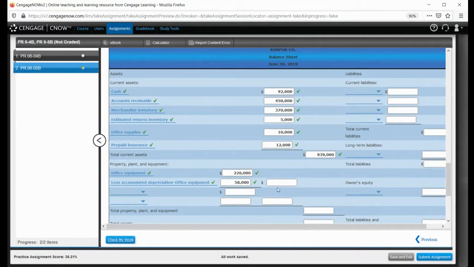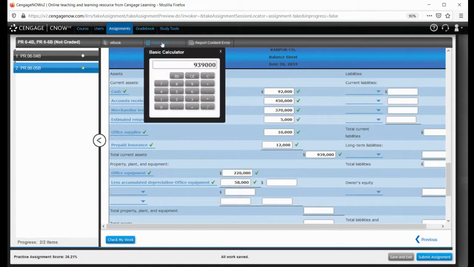The next thing that you should find is the book value of the office equipment. The book value is found by subtracting 58,000 accumulated depreciation from the cost of the office equipment of 220,000. So the cost of the office equipment is 220,000.